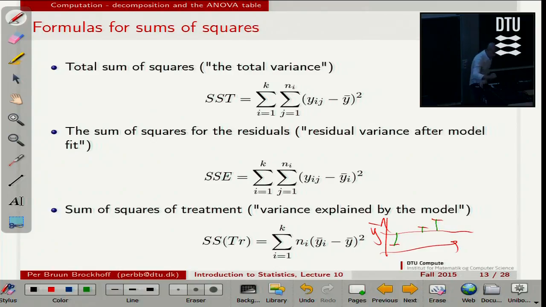I'm looking at how different are the individual means to the overall mean. This is the core number, right? This is the number that measures how different are the three groups.